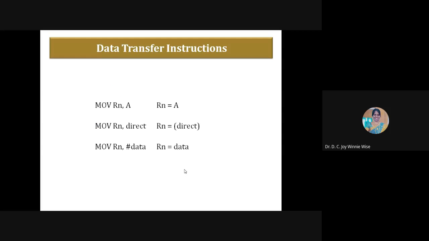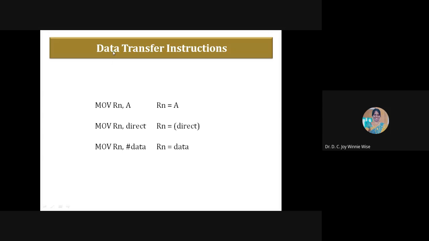Coming to this group, here the destination is R0. Actually in a microcontroller, the instructions differ like this only. Here the destination is the R register value, and the sources are the accumulator, direct, and #data. Here we cannot have @R0, the data cannot be transferred.